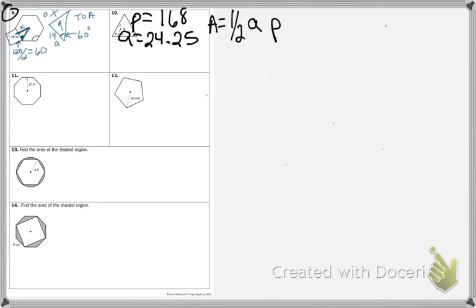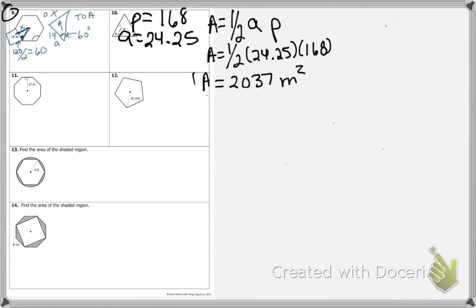Alright, time to fill in. Here is 1/2 times 24.25 times the perimeter of 168. This all multiplies to 2,037 meters squared. That is your answer.